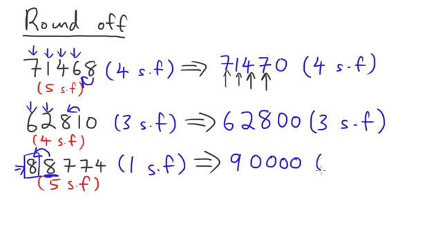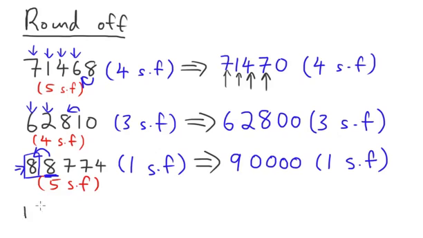So 90,000 is one significant figure. We have successfully rounded from 5 significant figures to just one significant figure. Let's have more examples, then you get a better picture of it.